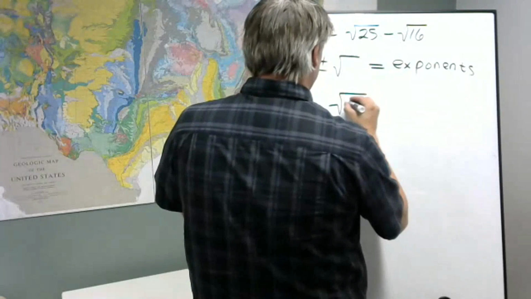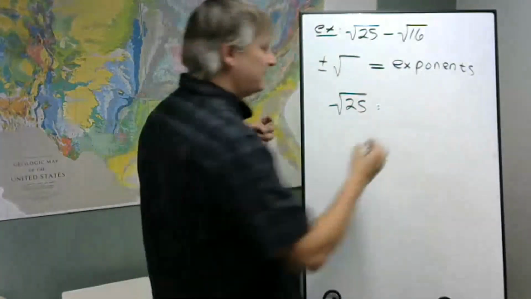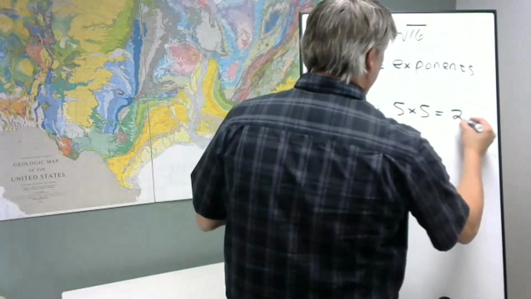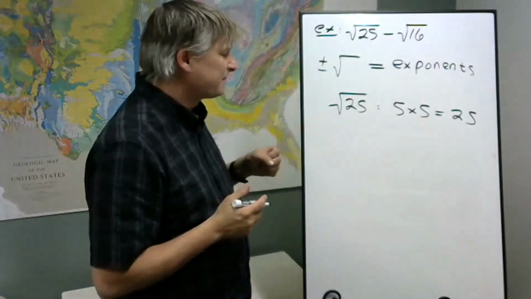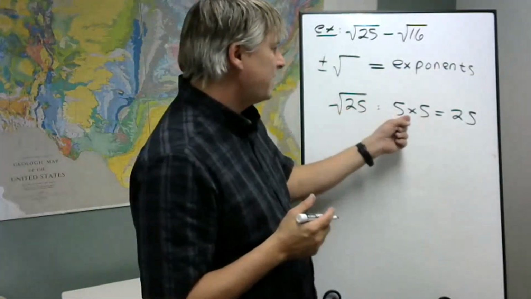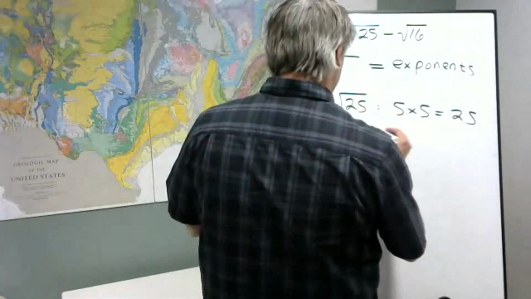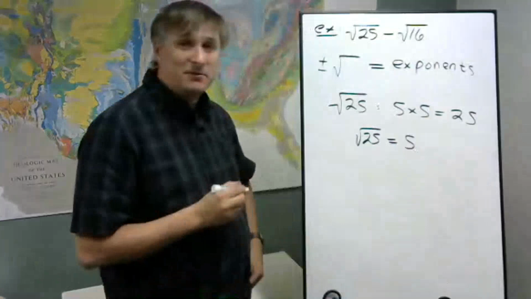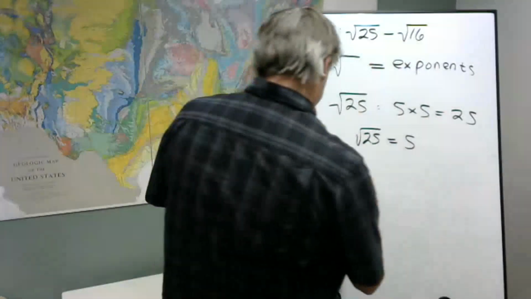So square root of 25. Well, we know that 5 times 5 equals 25. And again, we're thinking of a positive square root here. So the number times itself that gives you 25 is 5. So the square root of 25 is going to be 5. Same thing with square root of 16.